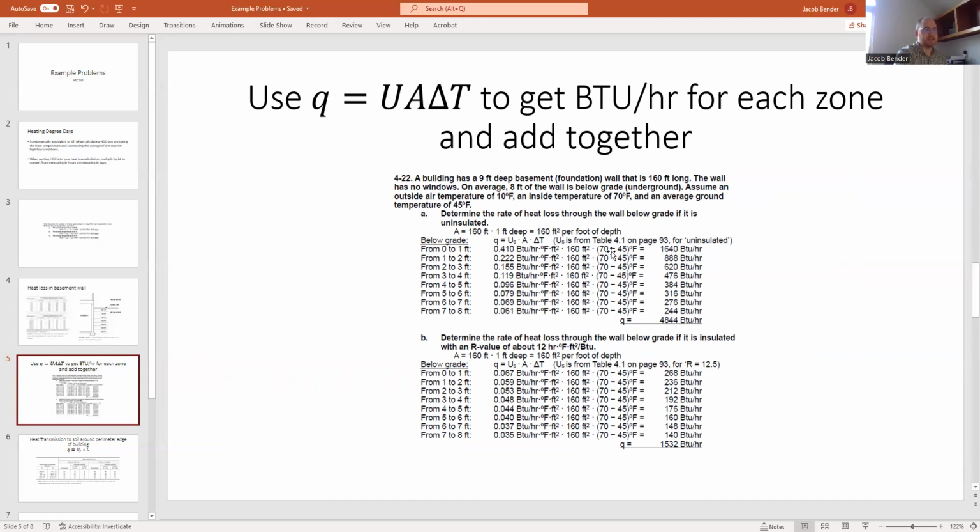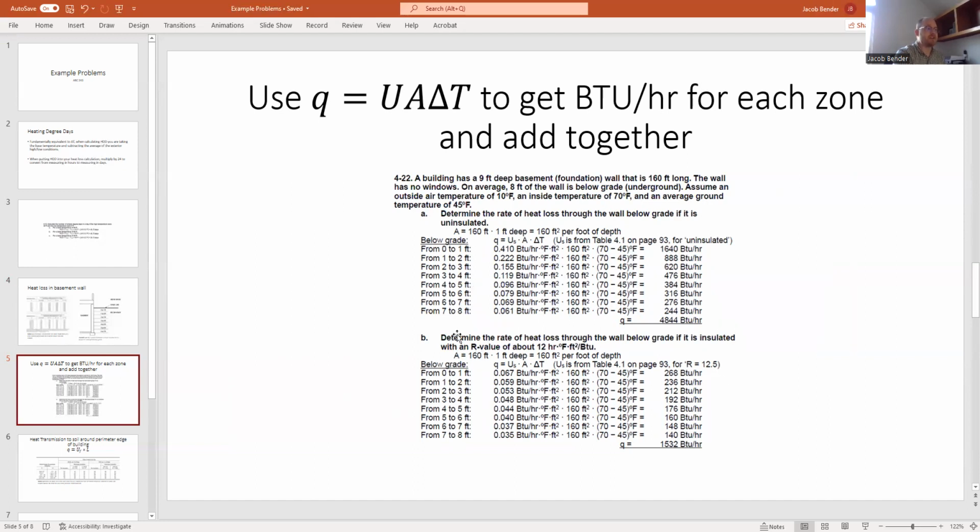In each case, inside temperature is the same, outside temperature is the same. Run the calculation each time, and you can see that as you go further down, it's decreasing each time, getting less and less. You do it all the way down to 8 feet below, run all those calculations, add them together, and that becomes your total rate of heat loss through the whole wall.